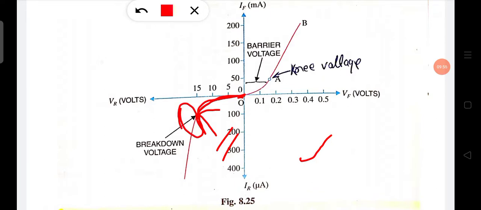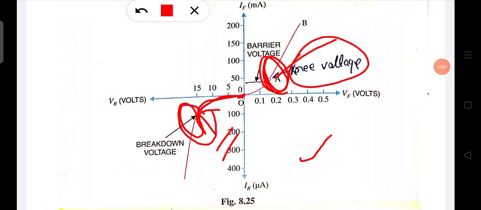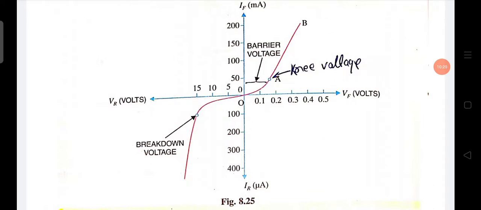Here, the forward voltage at which the potential barrier breaks is called knee voltage, but in reverse bias the reverse voltage at which the potential barrier is destroyed is called breakdown voltage, and after that the current flows rapidly. That's why there is a slow and then rapid increase in the graph.